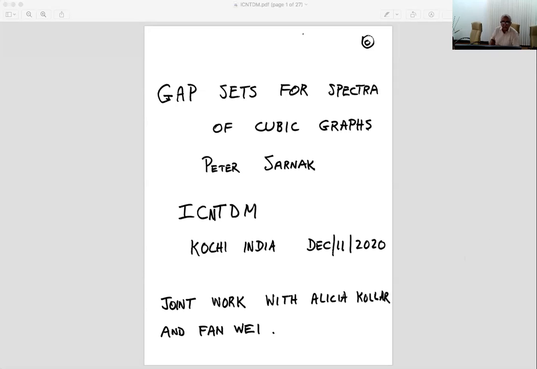Professor Balasubramaniam, who is supposed to chair this session, is not able to join due to some technical hitch. So I am privileged to chair this session, and I'll be happy to read out a brief profile of Professor Peter Sarnak, who has been a professor at the Institute for Advanced Study, Princeton, US from 2007 onwards. He has a PhD from Stanford University. Among the several awards and honors he has received, the most recent was in 2019, the Sylvester Medal of the Royal Society.